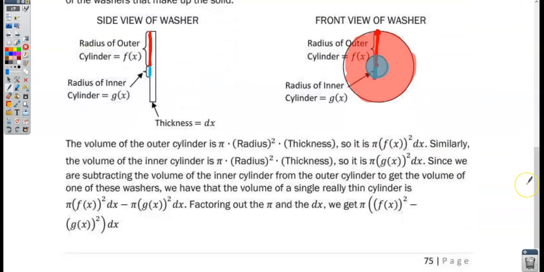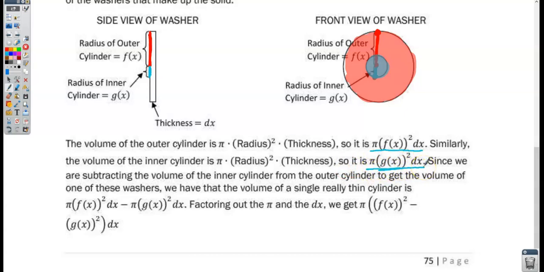And we explain that down here. The volume of the outer cylinder is pi r squared h. So if we put the radius in there, it's represented by pi times the quantity f of x squared dx. The inner cylinder that gets cut out is again pi r squared h, but in this case the radius is different: g of x is the radius instead.